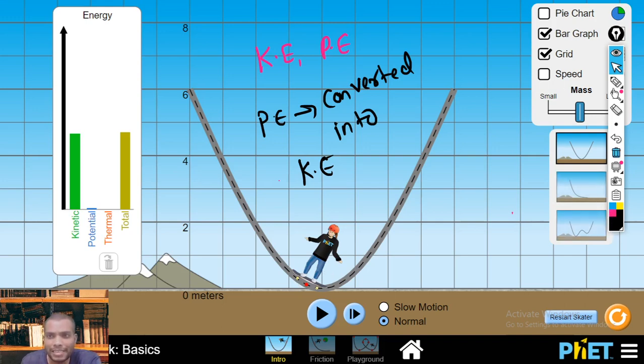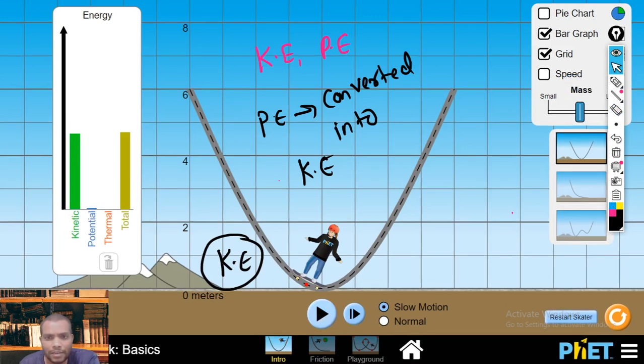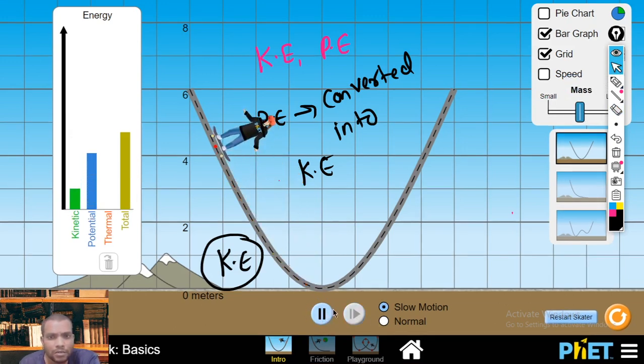So at the bottom he only has kinetic energy, which is very high, maximum. But when he is moving further, if you observe very carefully, his kinetic energy is decreasing and his potential energy is increasing.